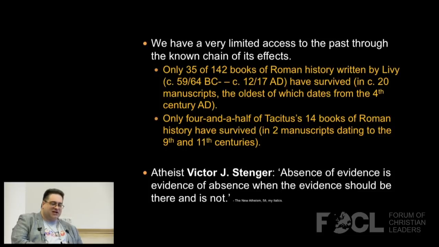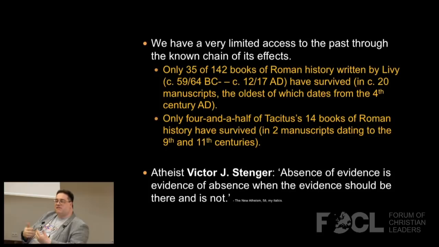New atheist Victor Stenger is quite right when he notes that an absence of evidence is evidence of absence when the evidence should be there and it's not. That is, you can't say, oh, look, we presently don't have any archaeological evidence of X, Y, or Z, therefore X, Y, or Z never happened, or those people never existed.